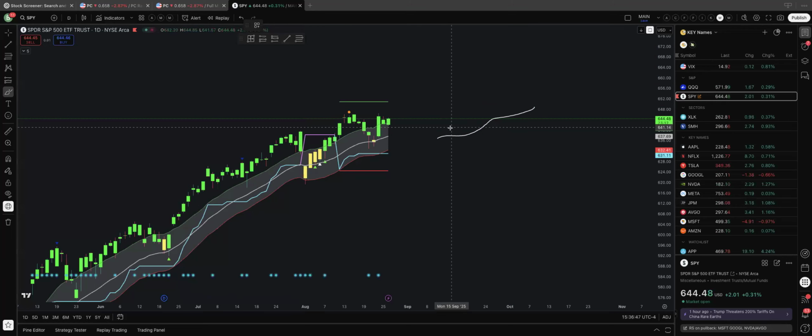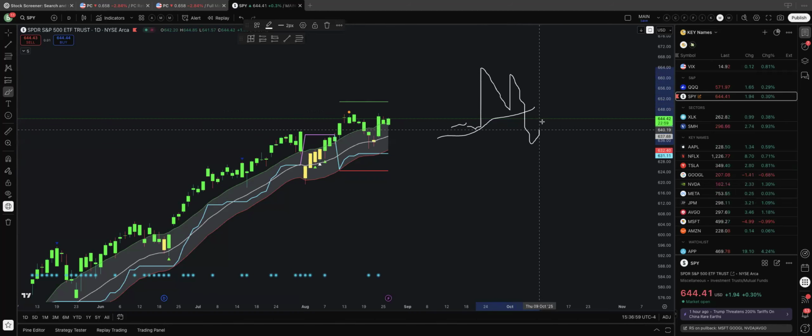Usually what you'll see is price will trade sideways, come back to that moving average, and then explode away from it. Come back to the moving average, explode away from it. Come back to the moving average, it might break through, and then create the trend the opposite way, which is a downtrend. So our goal with these signals here is to catch the moves, these expansions away from the moving average, away from the 21 EMA.